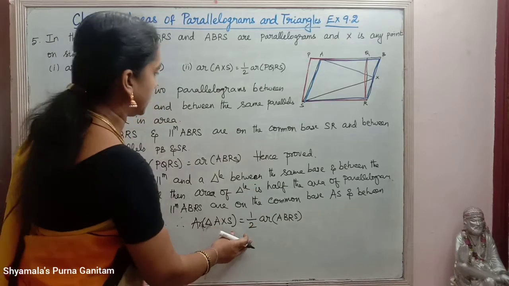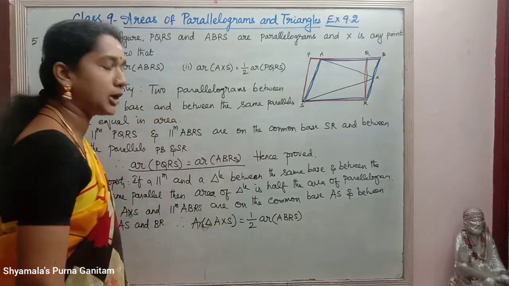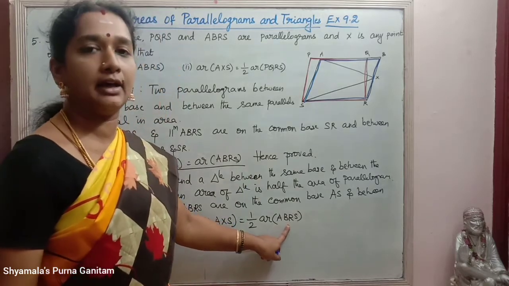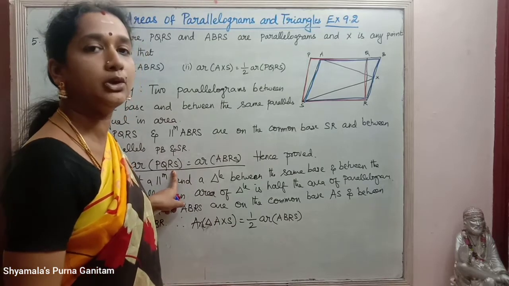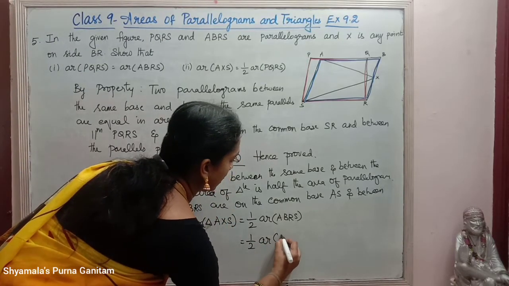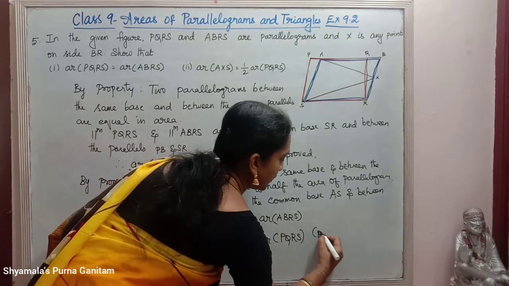For proving that, we have already proved that area of PQRS is equal to area of ABRS. So instead of ABRS, we are going to write PQRS. This is equal to half the area of PQRS, as proved above.